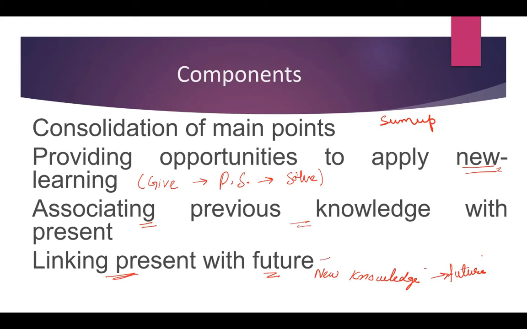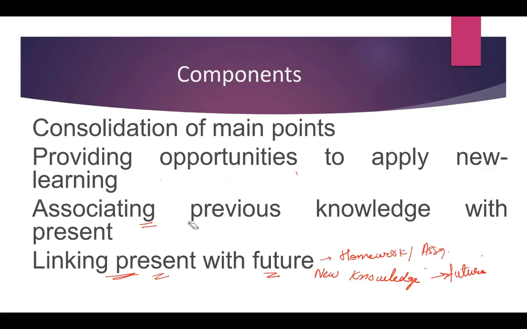Here, we can give homework or assignments to the students by which we can link the present knowledge with the future knowledge. So these are the four components which we have to use in the skill of closure, that is the art of ending the lecture.